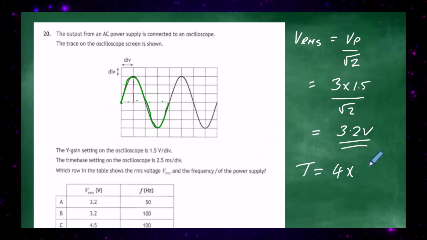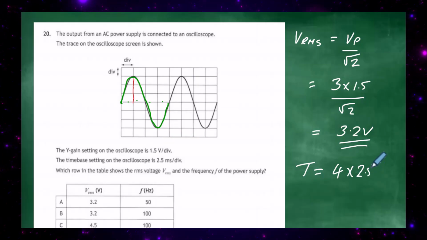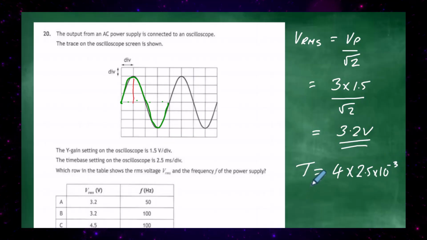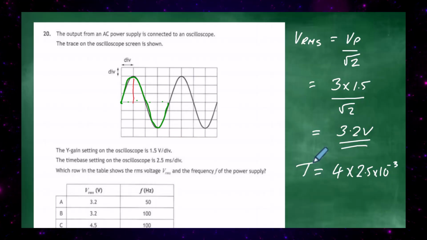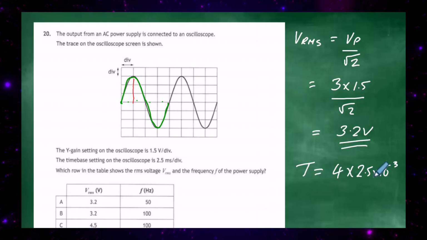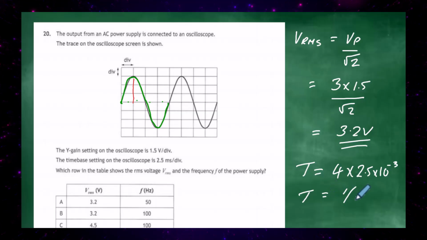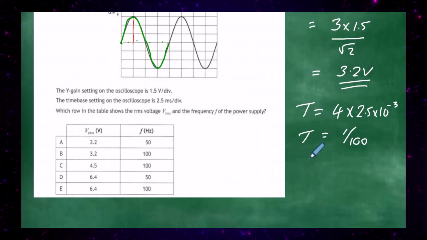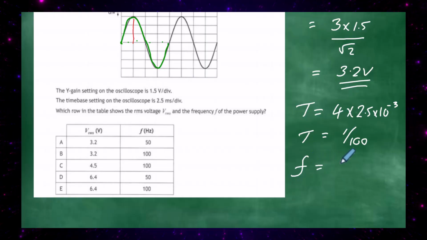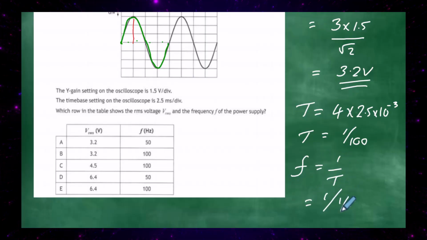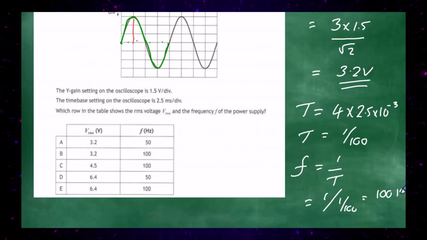In this case, it's 2.5 milliseconds, 2.5 times 10 to the power minus 3 seconds. Four times 2.5 gives a period T of 1 over 100 seconds, and therefore the frequency is always related to 1 upon the period T, which is 1 over 1 over 100, which is going to give you 100 Hertz.